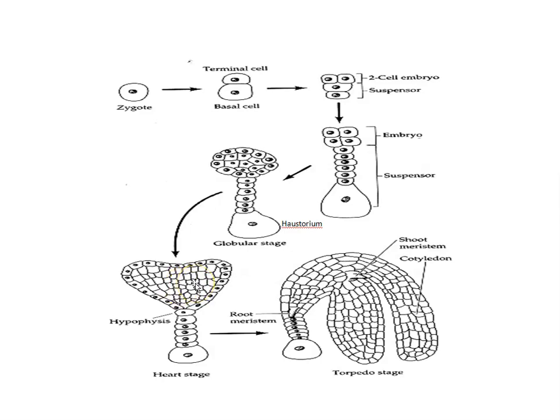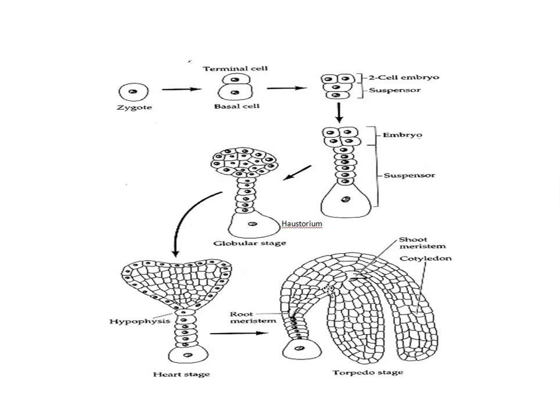Then torpedo, then the embryo progresses to the torpedo stage, and ultimately the embryo progresses to the mature stage. This is the mature stage. Generally, the diploid zygote divides to form a two-celled proembryo. From the two-celled stage up to differentiation of organs, the embryo is called proembryo.